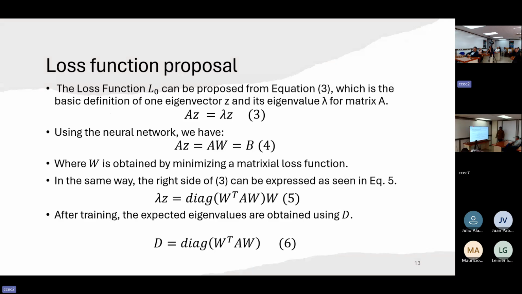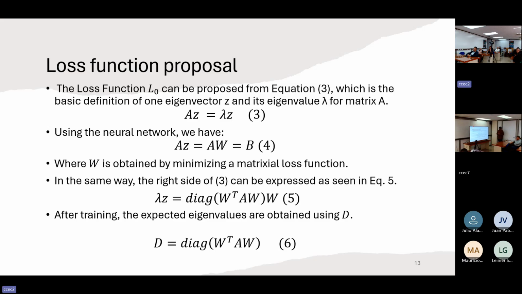For the loss function proposal, to achieve the desired behavior, we have to consider the eigenvalues and eigenvector properties. In equation 3, we have some properties. It states that A times Z, where Z corresponds to the eigenvector matrix, is equal to the eigenvalues multiplied by the same eigenvector matrix.